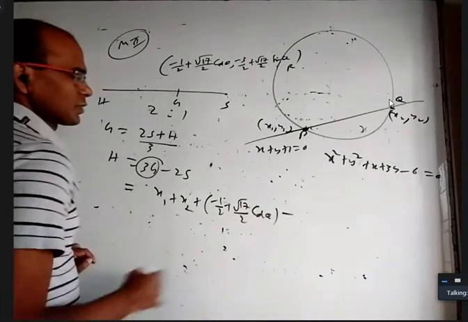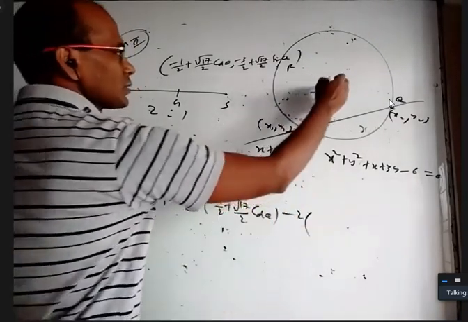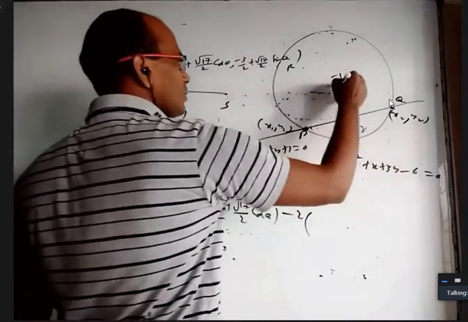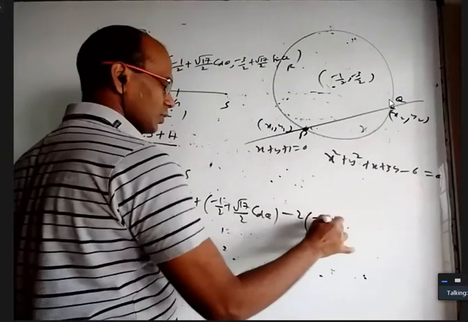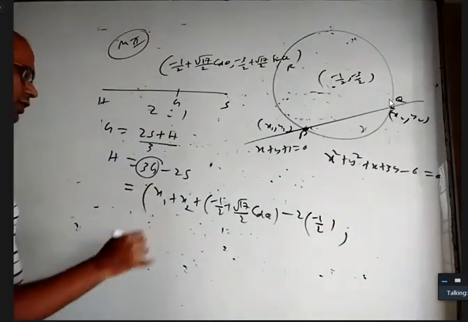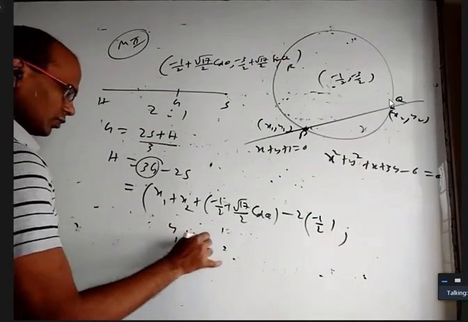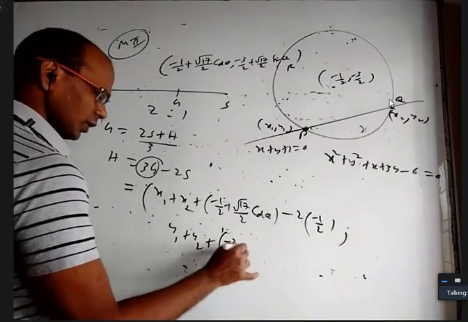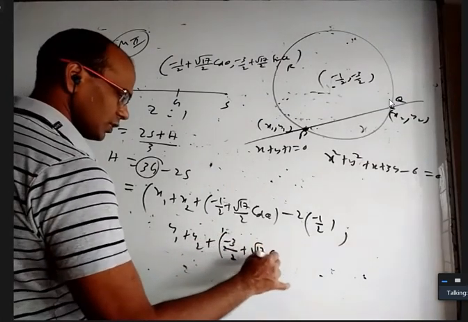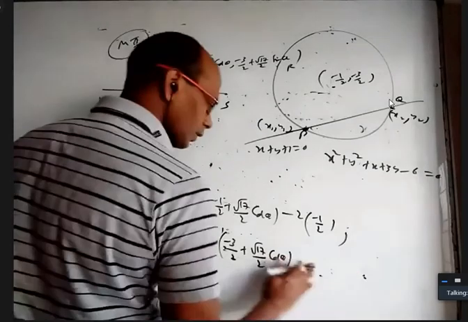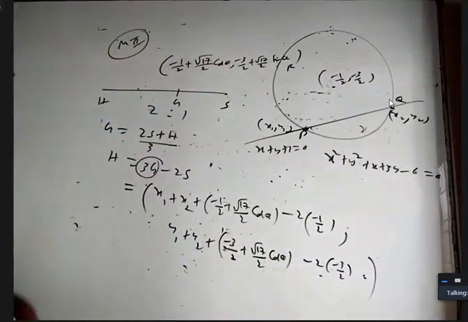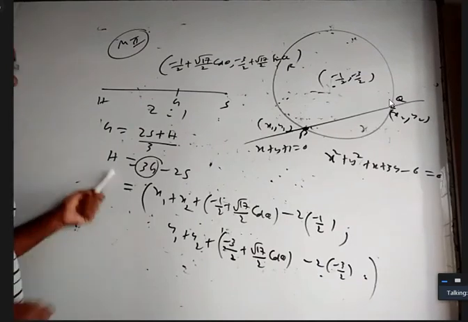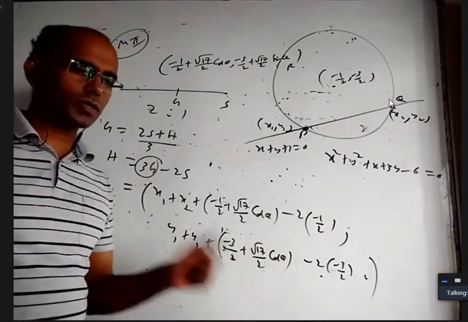Minus 2 times the circumcenter. 2 times the circumcenter is minus 1 by 2 comma minus 3. That is 2 into minus 1 by 2. This is the x coordinate. Similarly, y1 plus y2 plus minus 3 by 2 plus root 17 by 2 sin theta, minus 2 times minus 3 by 2. Okay, this is finally the orthocenter's x coordinate and the orthocenter's y coordinate.